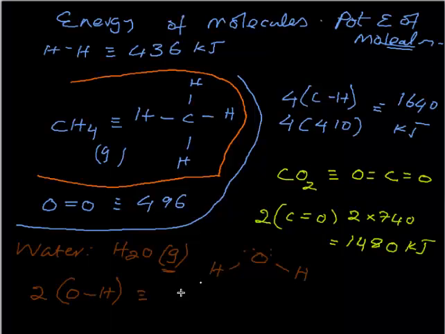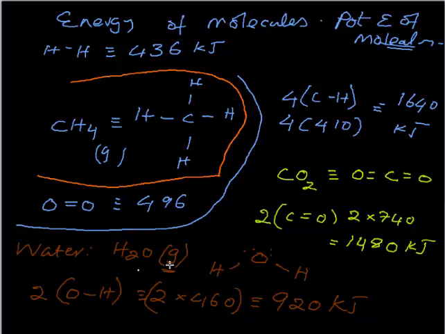So it would be 2 times 460 kilojoule, and this will be evaluated as 920 kilojoule of energy to overcome 1 mole of gaseous water. Remember, the gaseous state is very important. It has to be in the gaseous state. So 920 units.